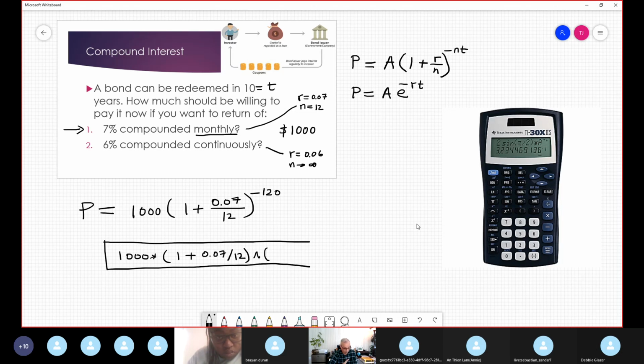And be careful, because in every calculator we have two minus keys. We have the blue minus, subtraction, and the white minus, the negative sign for a negative value. So you press negative 120 and close the parenthesis to indicate the end of the exponent.